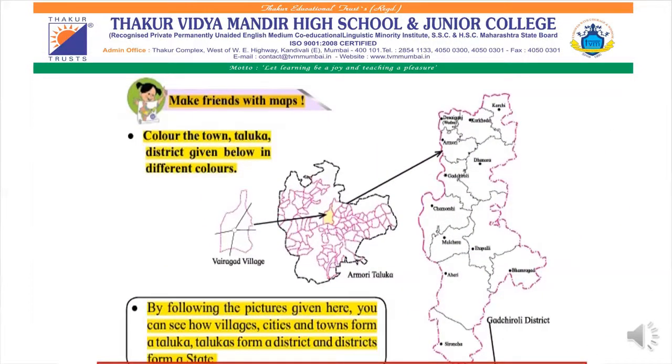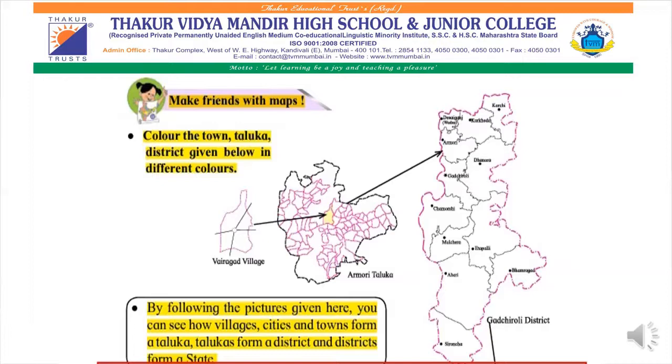Observe this picture. Here, make friends with a map. This is the picture from your textbook, page number 93. Here it is said to color the town, talukas and district given below in different colors. Down you can see Vairagad village, then Armori taluka, then Gadchiroli district.